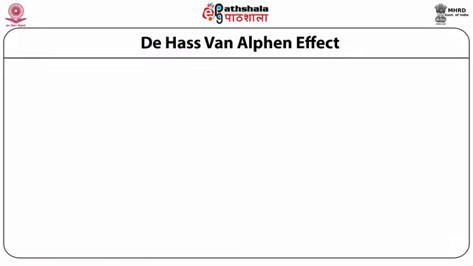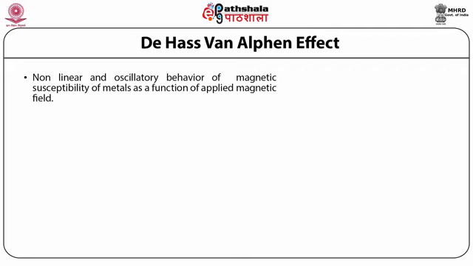The de Haas-van Alphen effect, which we call the DHVA effect, is an oscillatory variation of diamagnetic susceptibility, that is, oscillatory variation of the magnetic moment of a metal as a function of magnetic field.